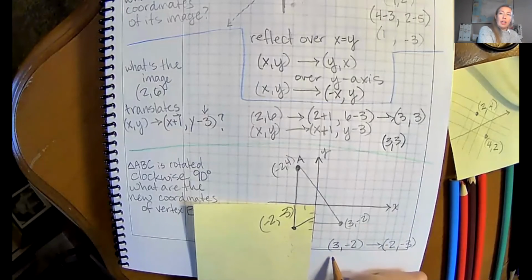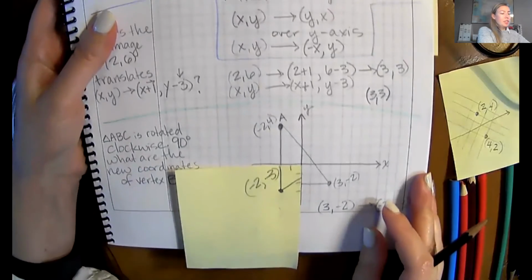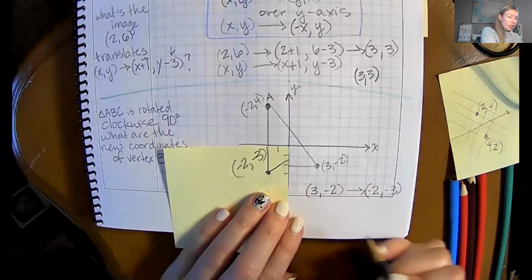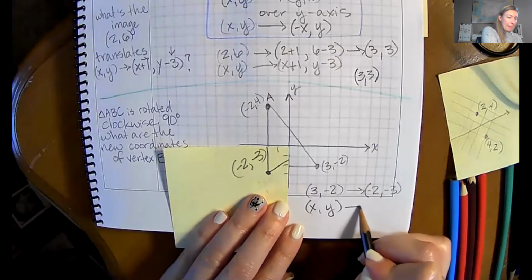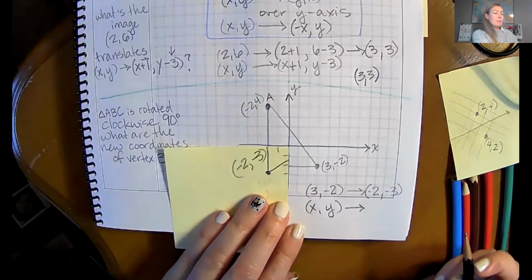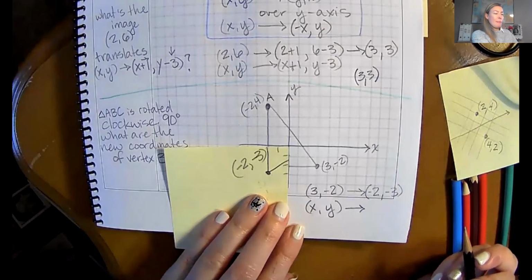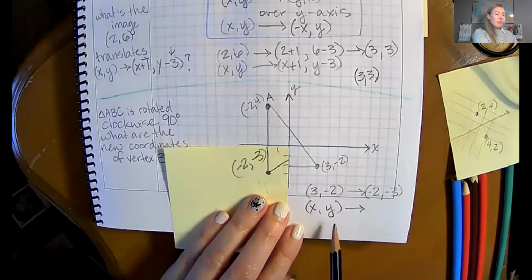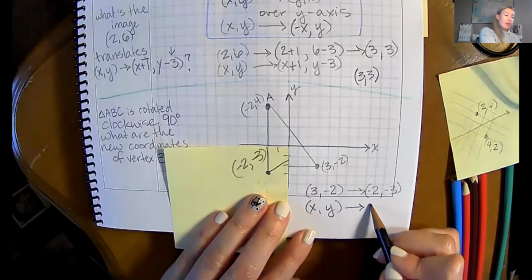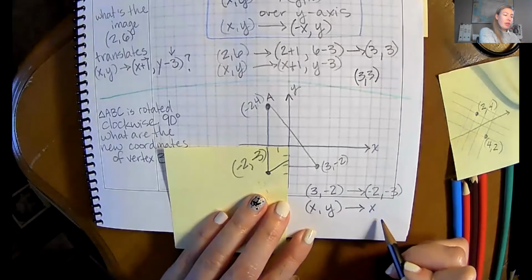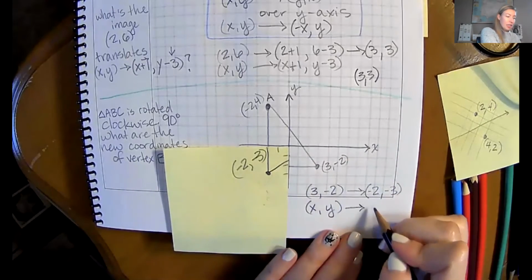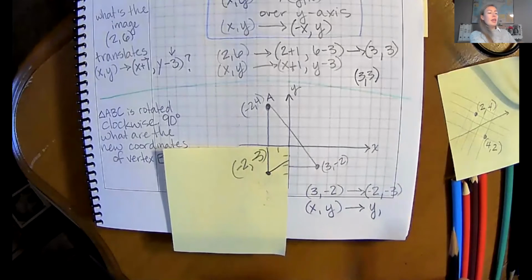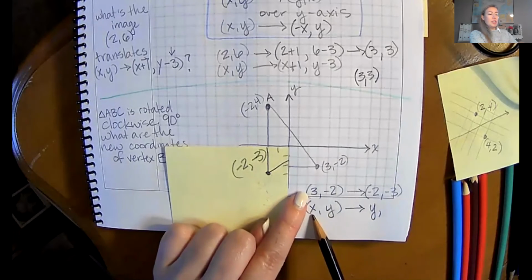Ah, I think I see it. Oh, it's hard for you to see. You don't see it, do you? Okay, so x, y. I think it's really obvious. The y got put in place of the x value. And then this other one's a little bit more difficult to see.